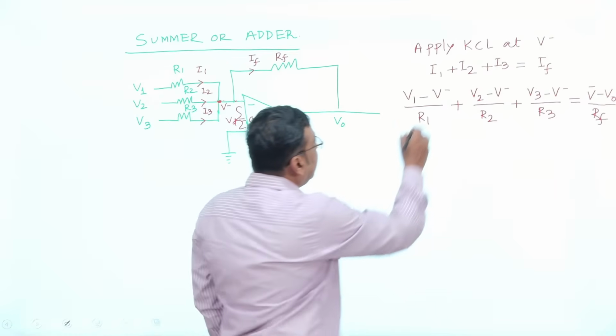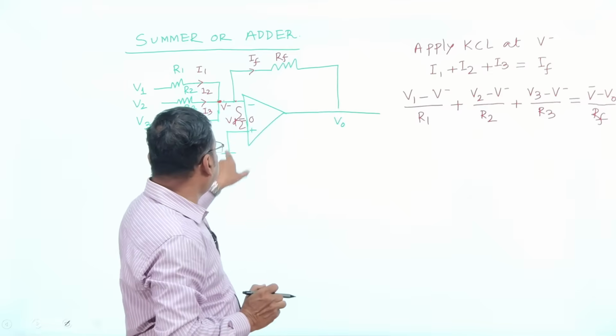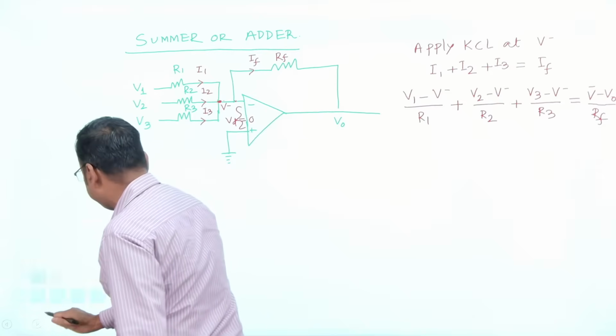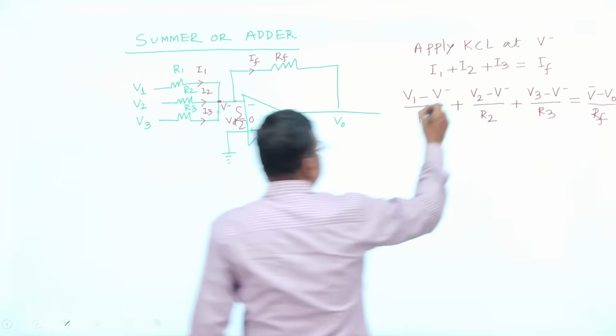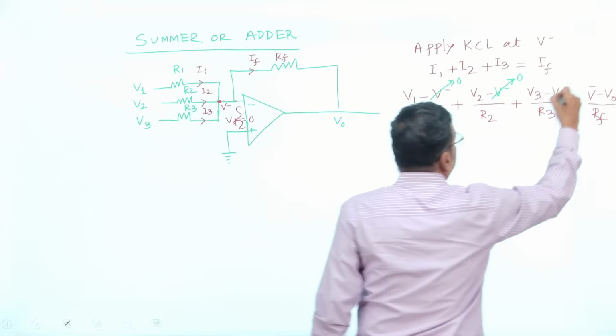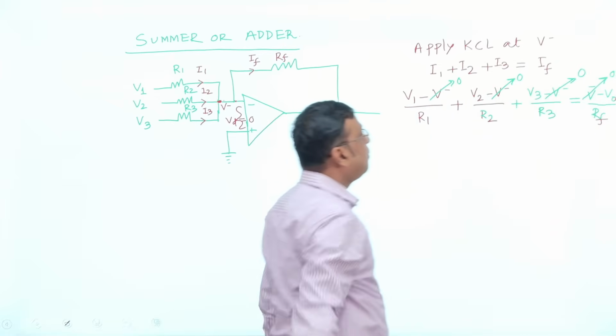Then what is the potential of V minus? It is important, due to the virtual ground concept. If it is 0 volt, this potential is 0. So this potential is 0 volt. This is 0, this is 0, and this is 0, and also this is 0.